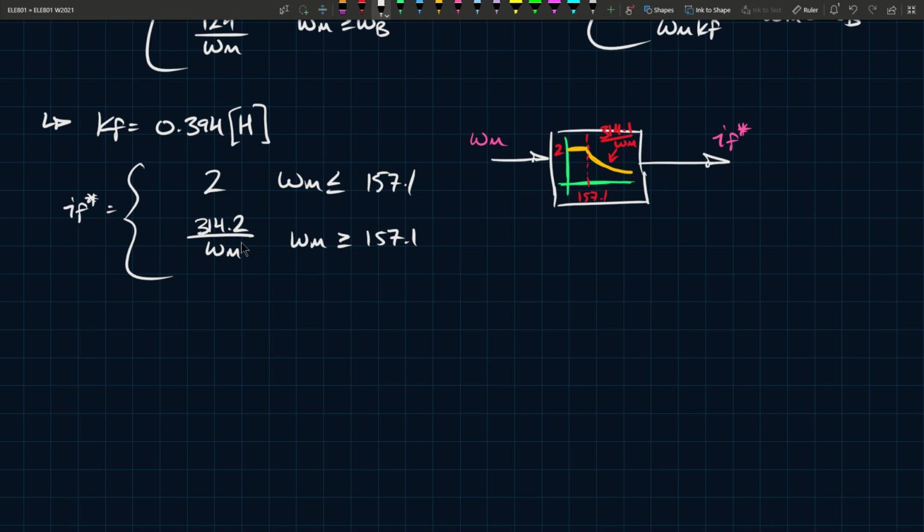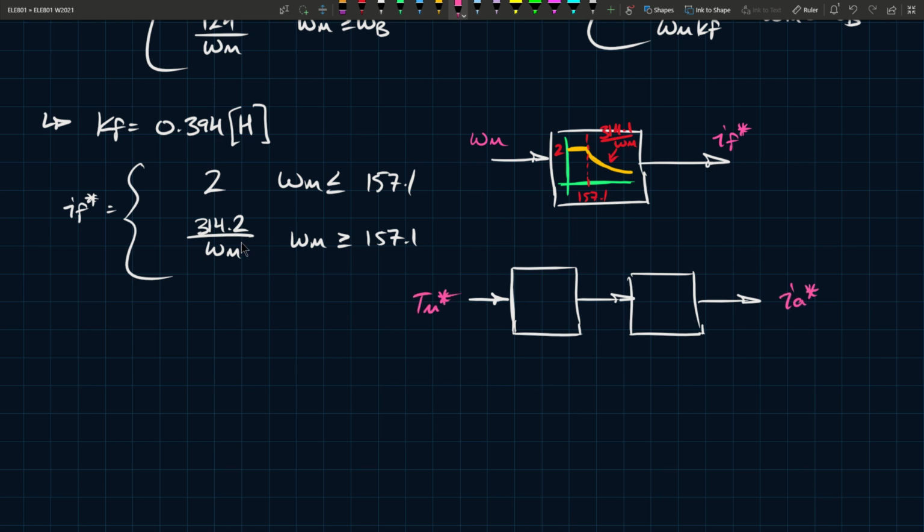And then how do you generate IA star? IA star, you remember, is essentially the way we control the torque. Here we'll have 2 blocks because we have another condition to satisfy. On this side you'll have TM star, and on that side you'll have IA star.